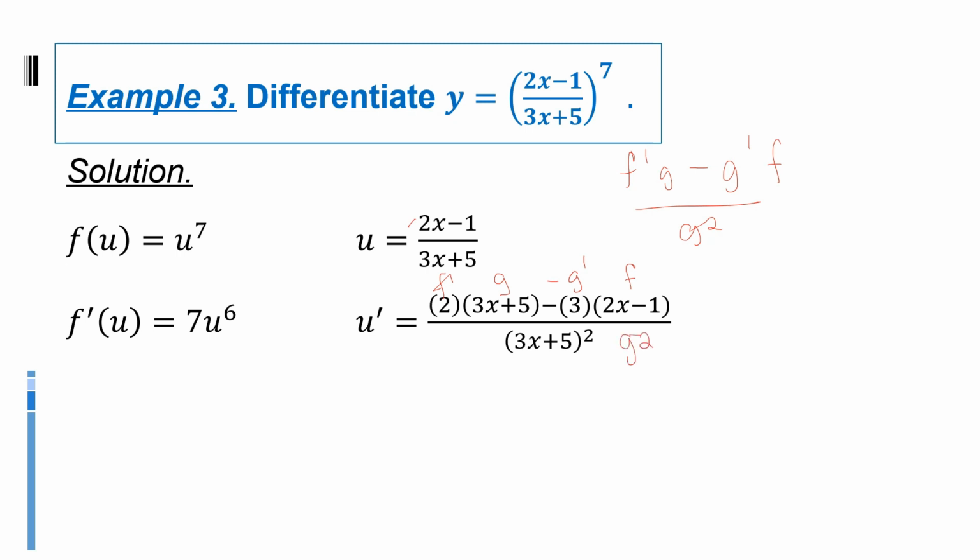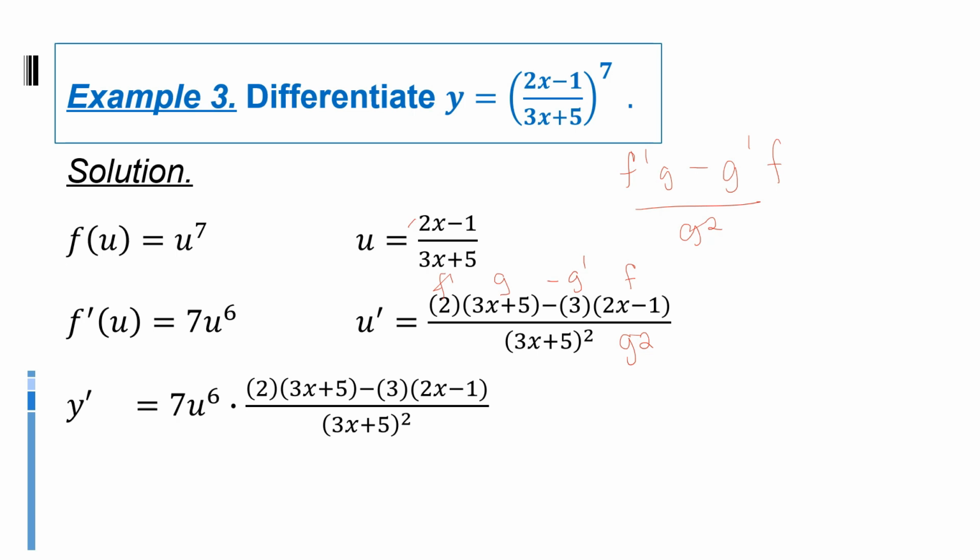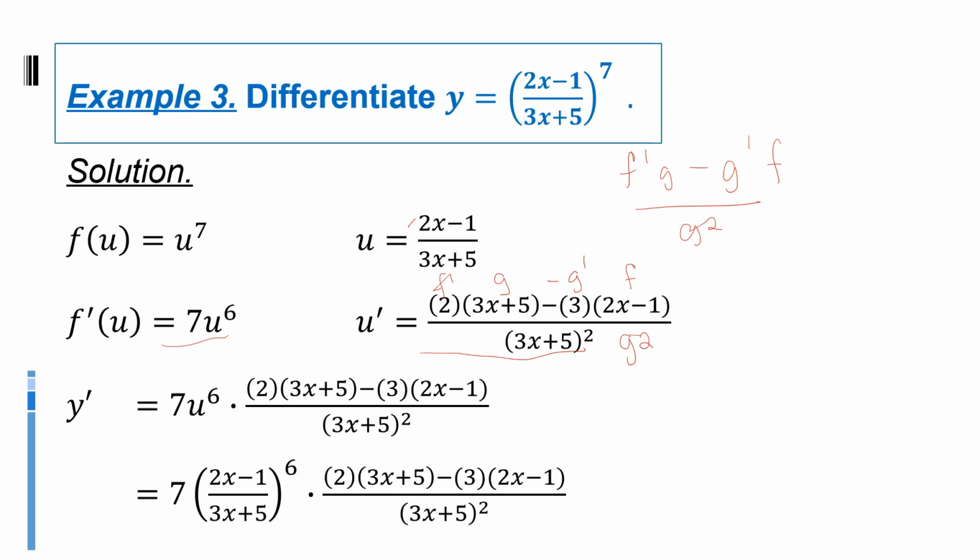So y prime now is equal to, i-multiply lang natin ito, tsaka ito. And then, pag pinalitan natin yung value ng u, we have 7 times the quantity 2x minus 1 all over 3x plus 5 raised to 6 times 2 times 3x plus 5 minus 3 times 2x minus 1 all over 3x plus 5 squared.